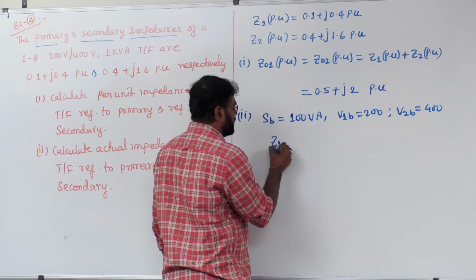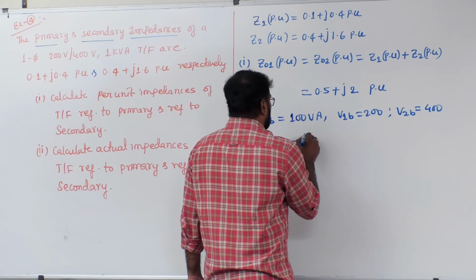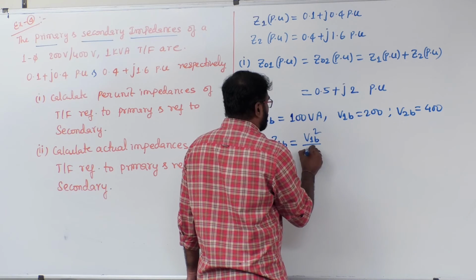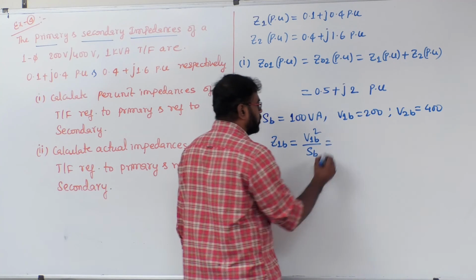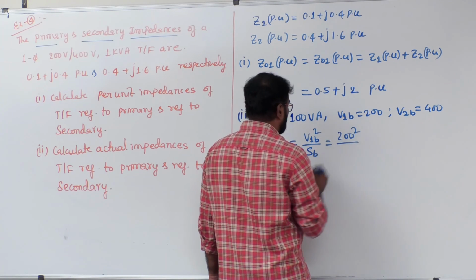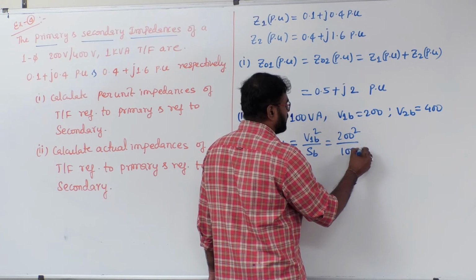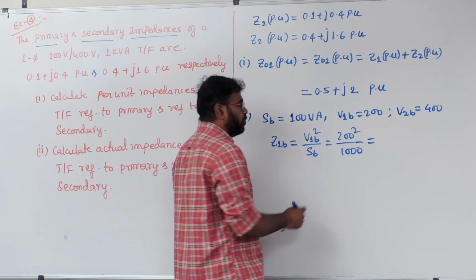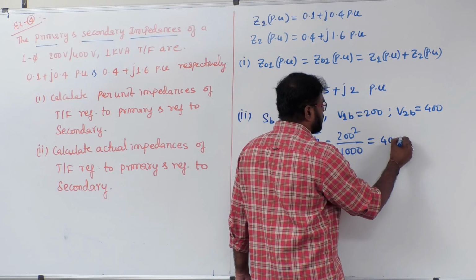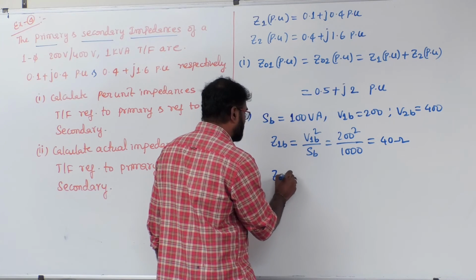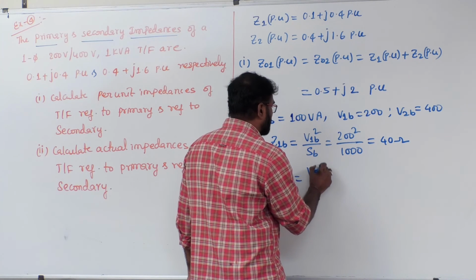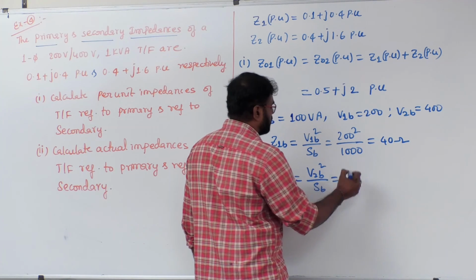So, Z1 base is V1 base square by S base, nothing but 200 square by 1000. 200 square by 1000 means 40 ohms.